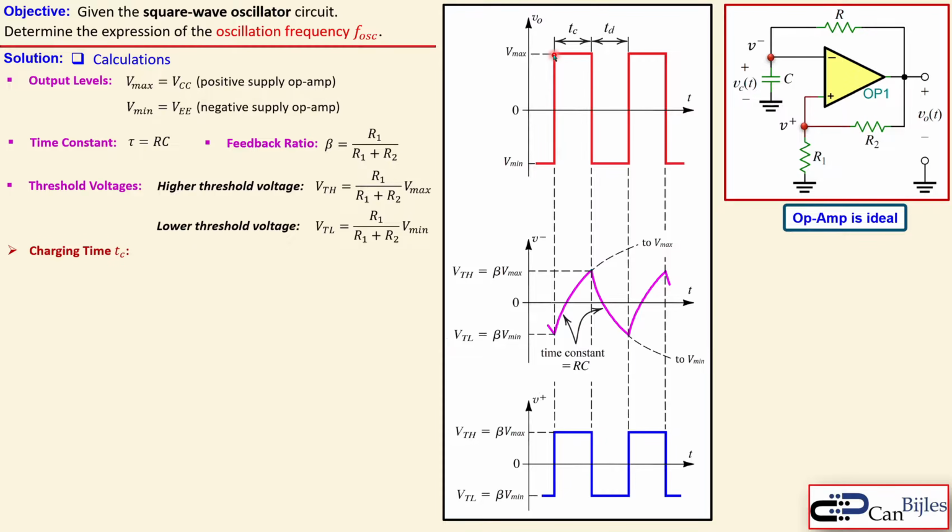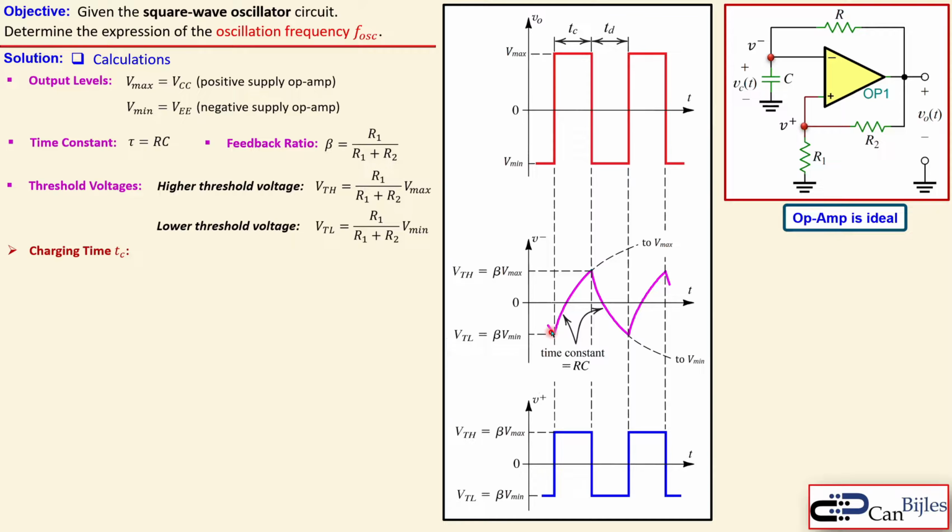This waveform is because there are two states for the output, the maximum or the minimum. This blue graph is actually part of the output voltage, because of the voltage division by the feedback ratio beta. That's why we have a smaller amplitude here. And this charging and discharging is because of the time constant of the capacitor and resistor combination.